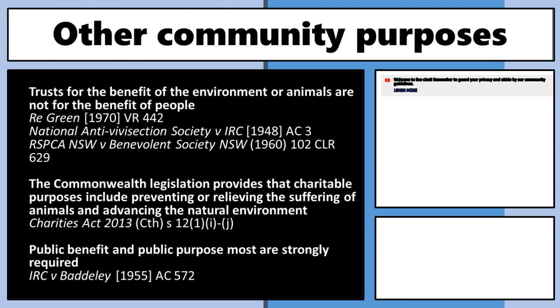And again, I've put public benefit and public purpose. Public benefit is essentially the umbrella term to describe things that are open to people in the public and has to have some benefit component to it. So things can be open to the public, but if it doesn't help them in any way, it can't be charitable. And public purpose is essentially a sub-rule of that.